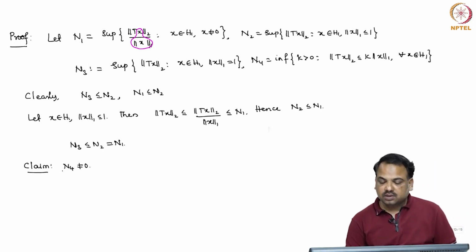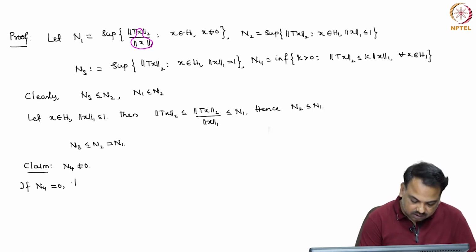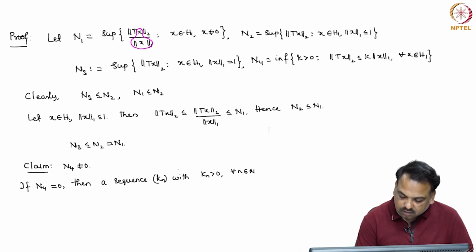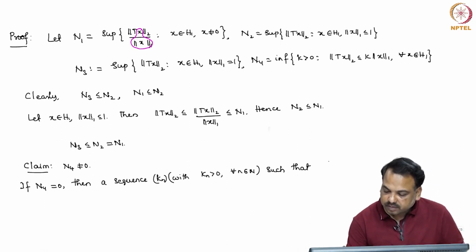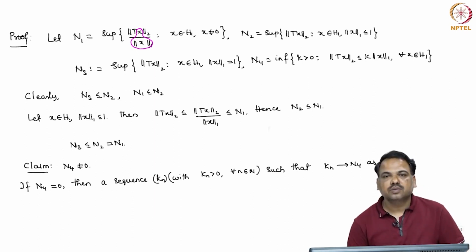If n4 is 0, then there exists a sequence kn with kn bigger than 0 for every n in N, such that kn converges to n4 as n goes to infinity.